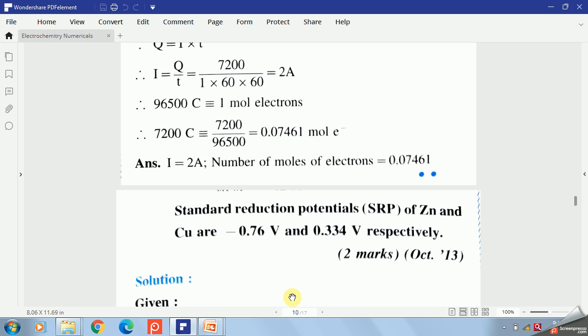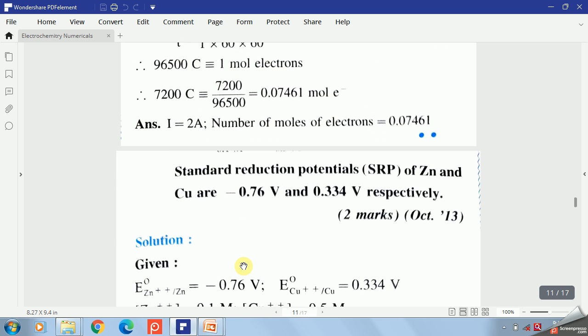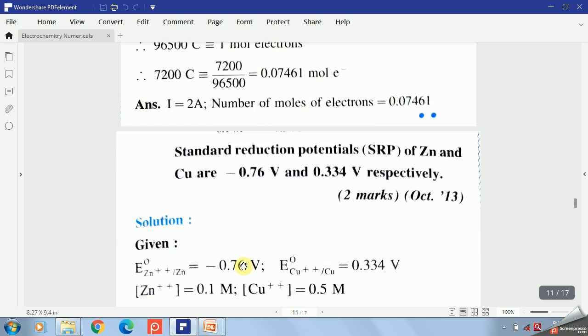Zinc solid in presence of Zn2 plus, molarity 0.1 molar, which is in contact with Cu2 plus 0.5 molar in presence of Cu solid. The standard reduction potential, that is the SRP values of zinc and copper, are minus 0.76 volt and 0.334 volt respectively. Okay. What is the given thing?